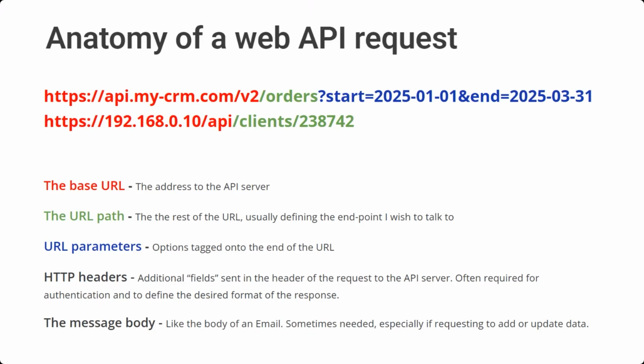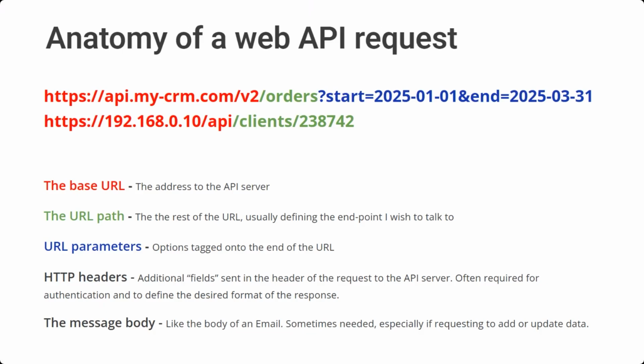And thinking about that whole HTTP request that Dimitri mentioned, we also need to consider if there are any HTTP headers we need to include to talk to a specific API, and if we need to send a body. Now, sending a body is less common in requesting data, but for some of the more advanced things you might want to do with APIs, it will occur, so it's worth knowing about and considering.